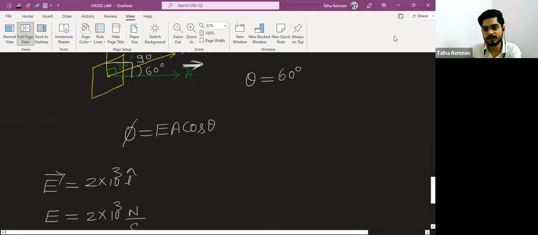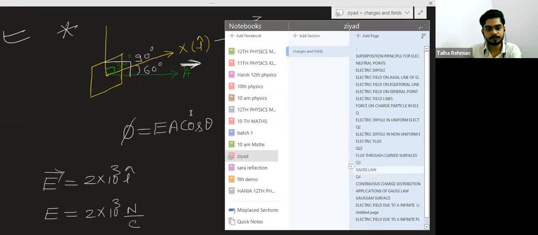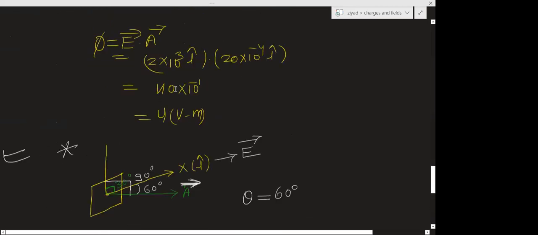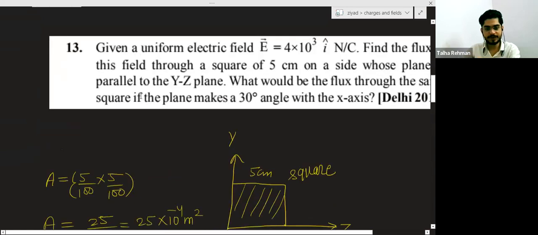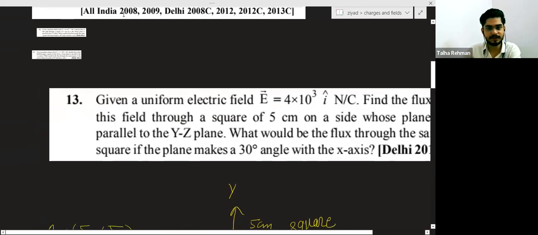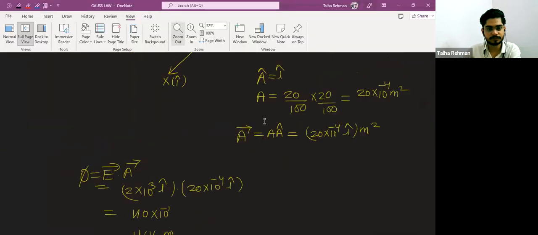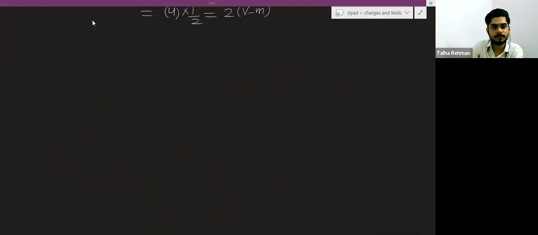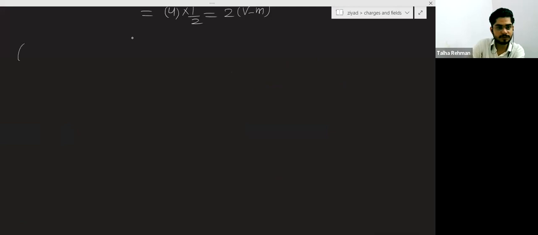Now we were discussing the Gauss law. We have just done this Gauss law, and now there are a few properties of Gauss law that I will write. So Gauss law, we know what is Gauss law.